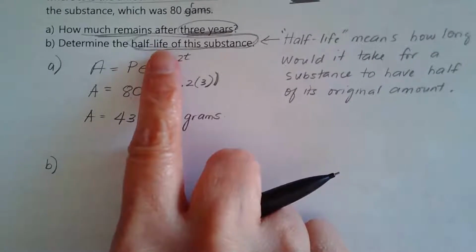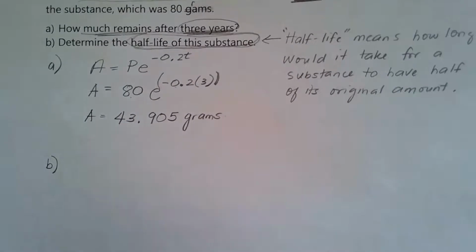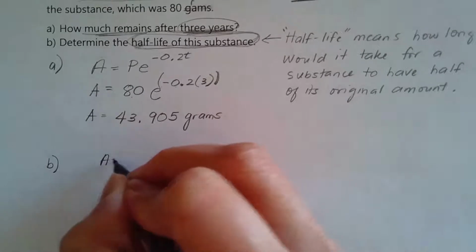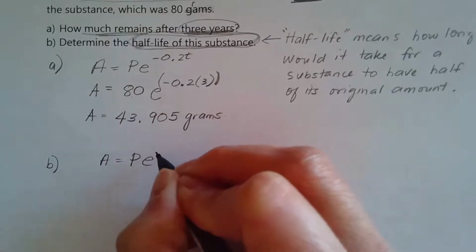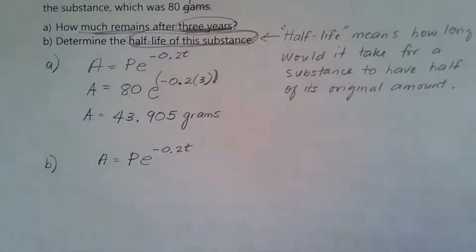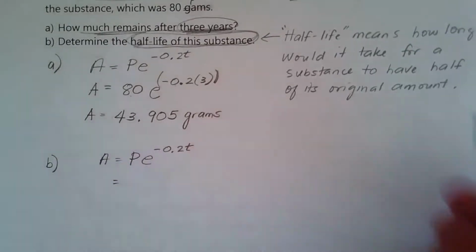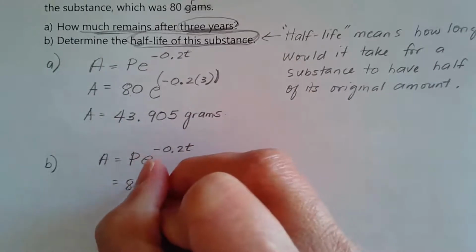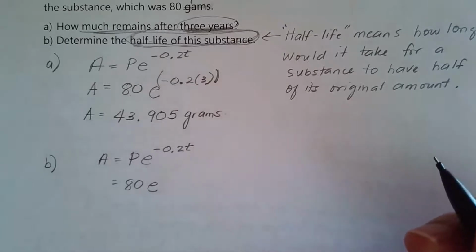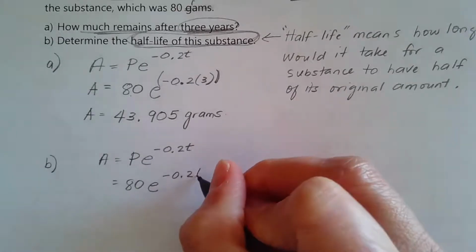It seems like we don't have a lot of information in here. How do we even answer this? We actually can figure that out. A is equal to P times e to the negative 0.2t. This is what we know: we started off with 80 grams, and e is the base, with negative 0.2. We're looking for t.